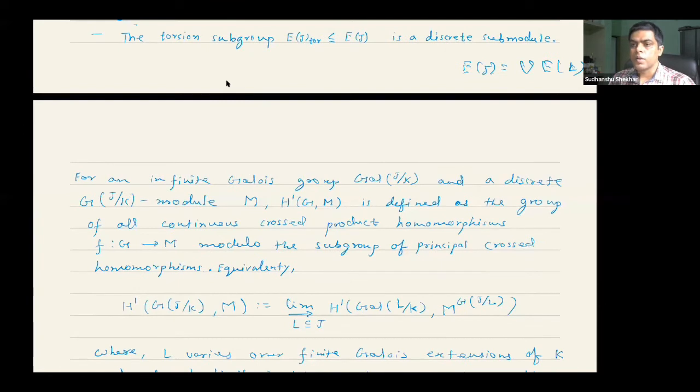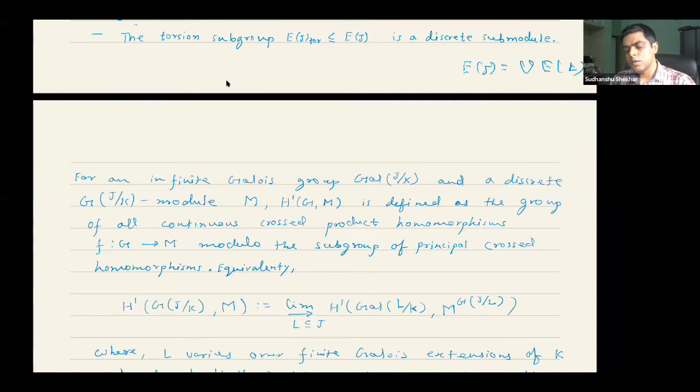So let me now define, or mention how to define, group cohomology for infinite groups. Earlier we had defined group cohomology of finite groups. Now the Galois cohomology groups: for an infinite Galois group Gal(J, K) and a discrete module M over it, H1(G, M) is defined as follows.